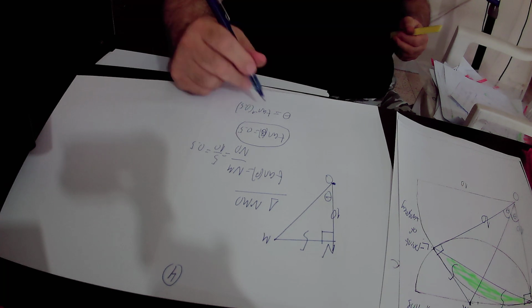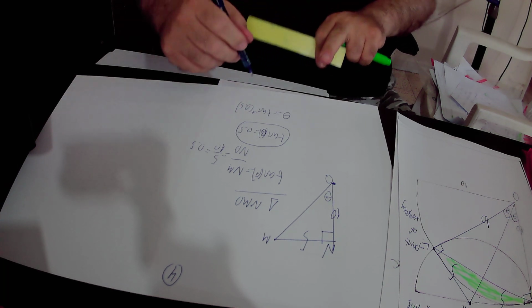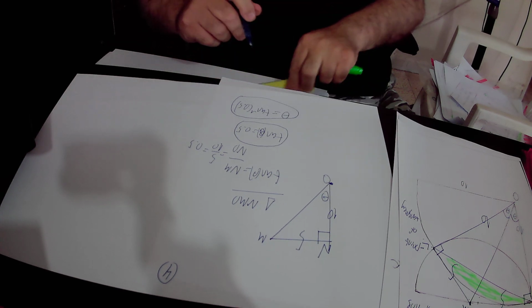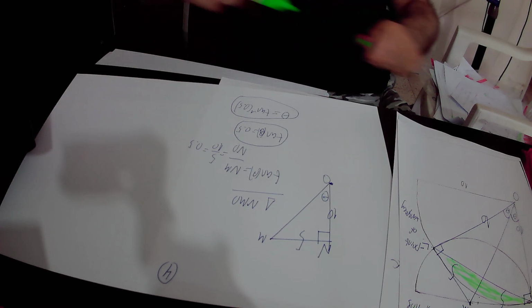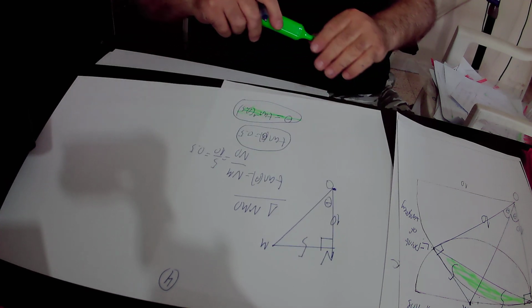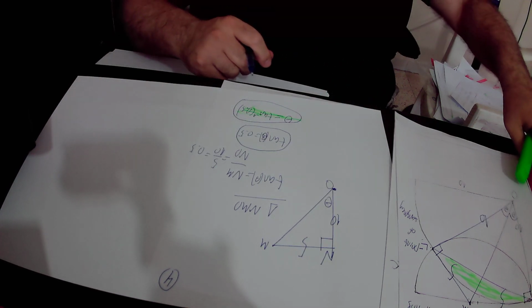So we found out in conclusion that theta equals tangent minus 1 of 0.5. I repeat again that tangent minus 1 is the opposite function of tangent. In the next step, we will find out the value of sine 2 theta.